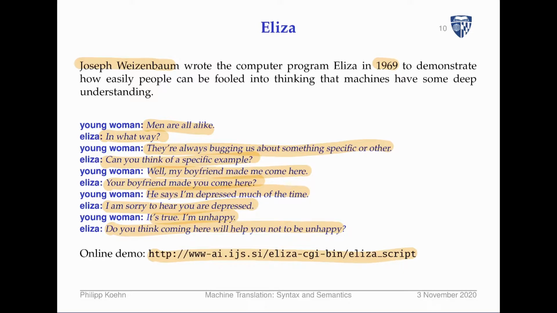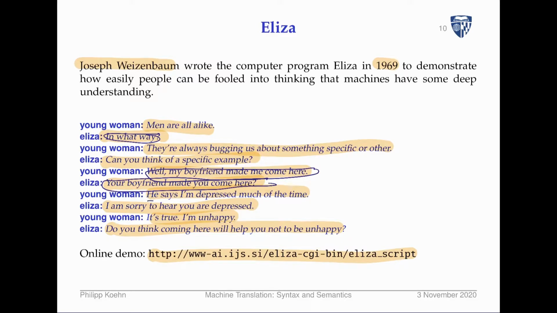However, what Eliza actually did, it just followed fairly simple rules. Here's a perfect example for that. So the woman says, my boyfriend made me come here, and what does the computer do? It just kind of repeats that statement back to the woman in terms of a question. There are also other responses like in what way, that can be pretty much said anywhere.